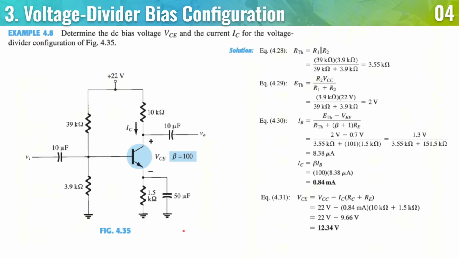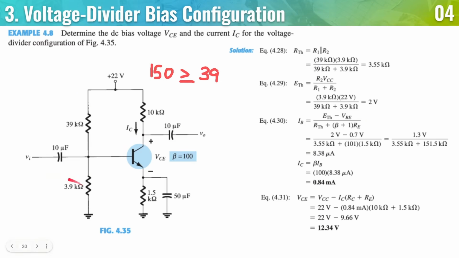So here's an example from the book, and the first thing I noticed is it used the exact analysis when we are supposed to use the approximate analysis. To check this, you should see RE is equal to 1.5 kilo ohms. Multiplied by beta, that is 150 kilo ohms.